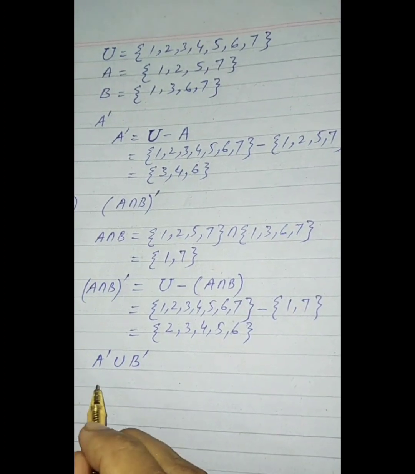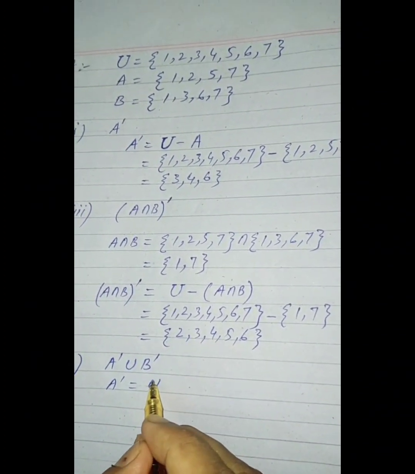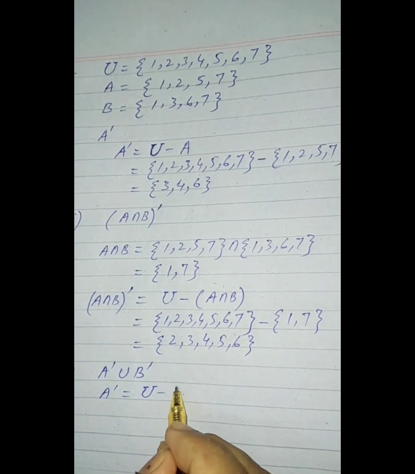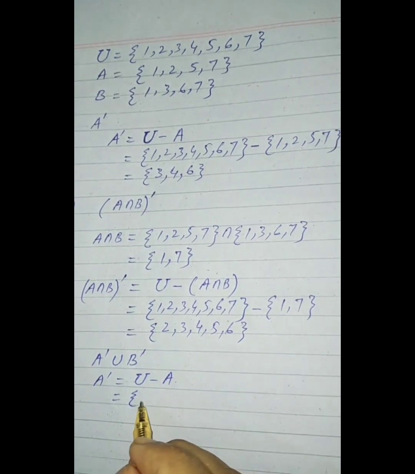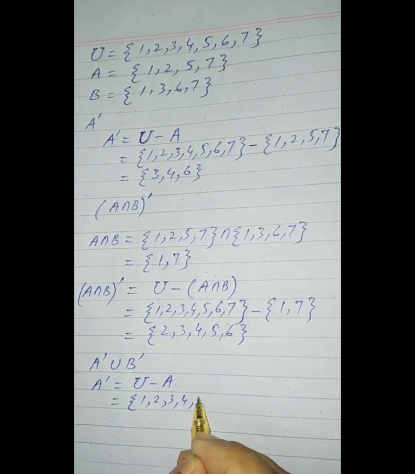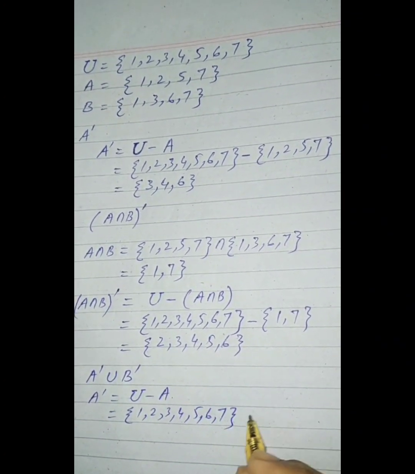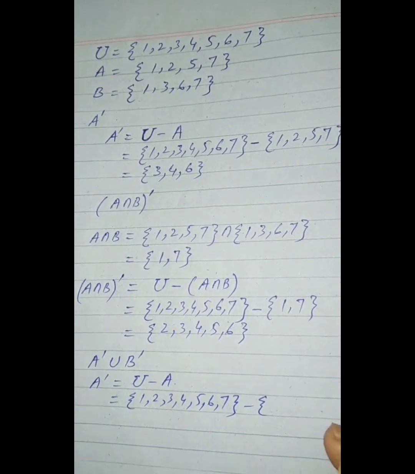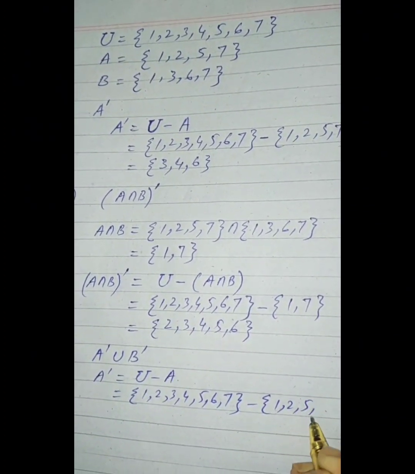So first we need to find A complement, which equals universal minus A. The universal set is a set whose members are 1, 2, 3, 4, 5, 6 and 7. And A is a set whose members are 1, 2, 5, 7.